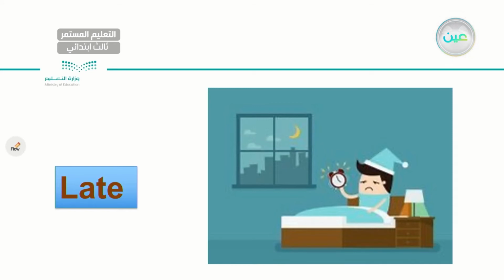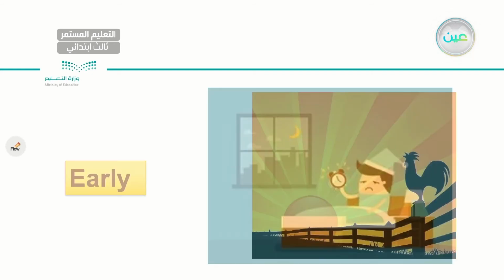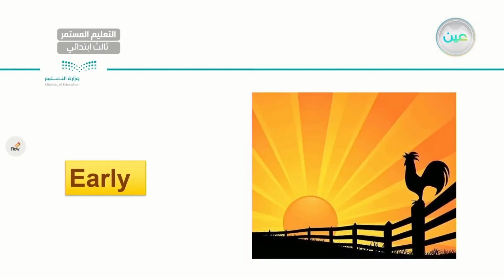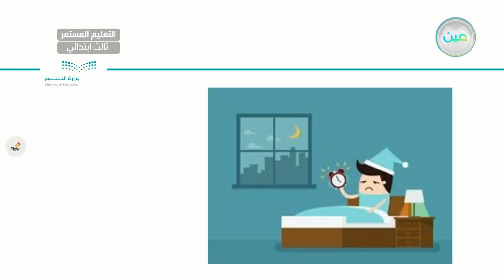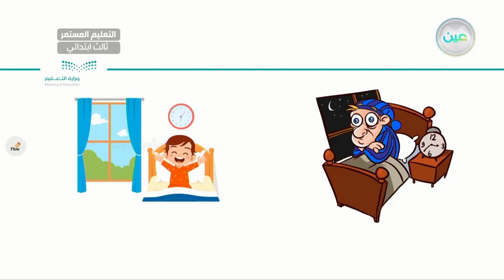Now, I will give you two examples and you have to decide, is the word early or do we have late as our answer? Okay? To the picture to your left, I have this boy. He wakes up, it is about 6, it's 5 minutes past 6, so he is early, right?